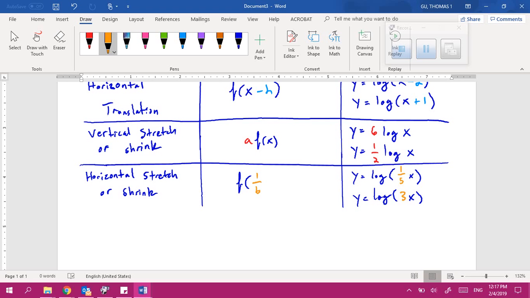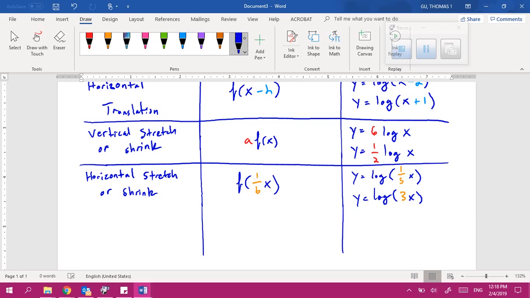The 1/b tells you that you have to take the reciprocal, and that's going to give you your stretch or shrink. That's why we know that the 1/5 is actually a stretch by 5. That's why we know that the 3 is actually 1/3, that's a shrink.